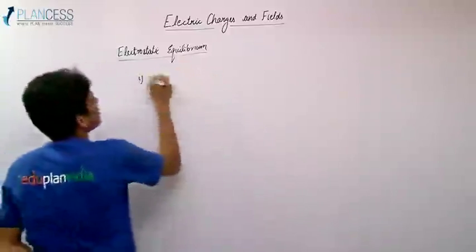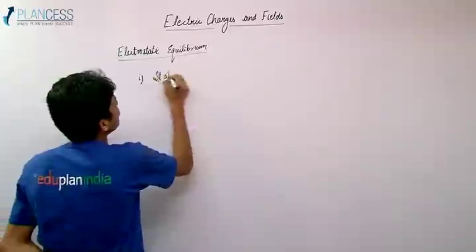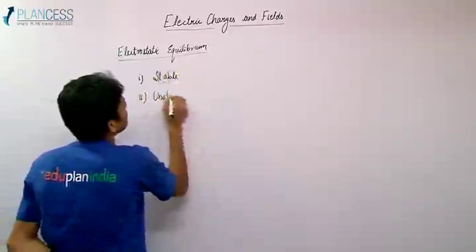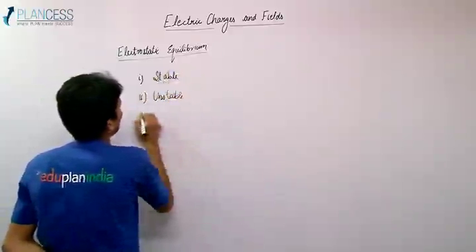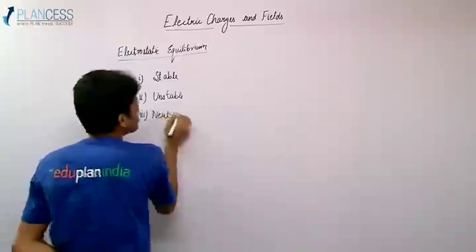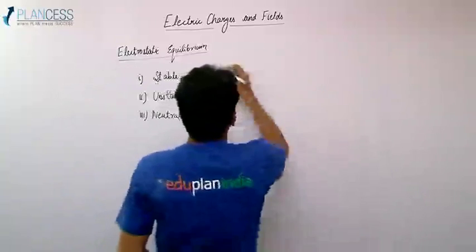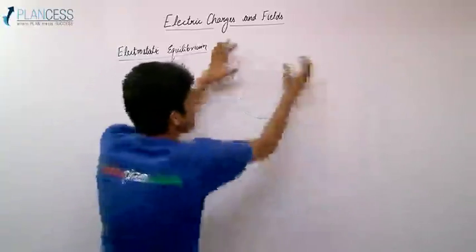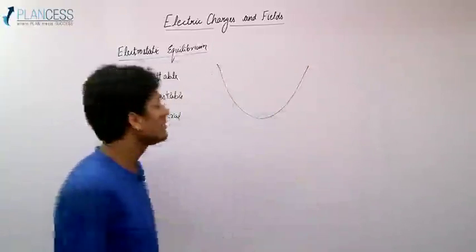Equilibrium can be classified into 3 types: stable, unstable, and neutral. The most basic example of this can be, let's say you have some figure like this, a bowl, or anything.